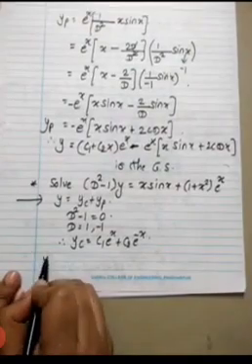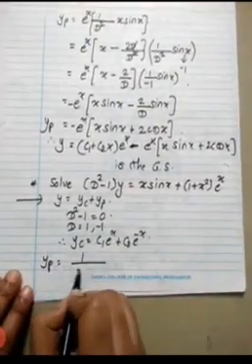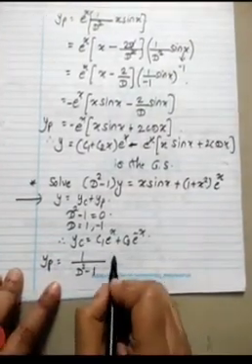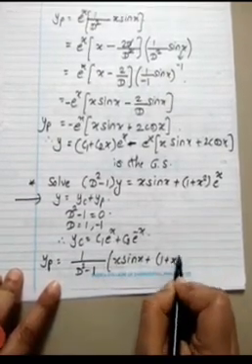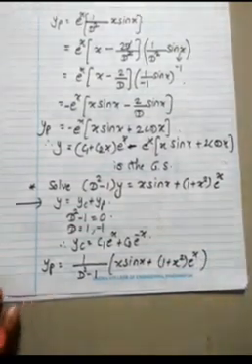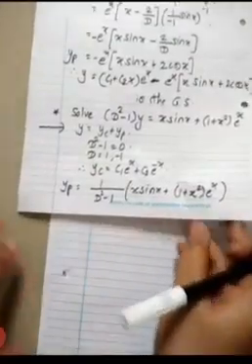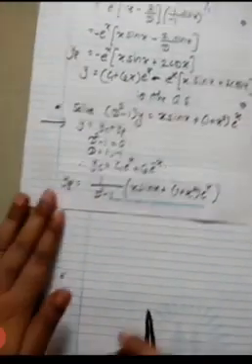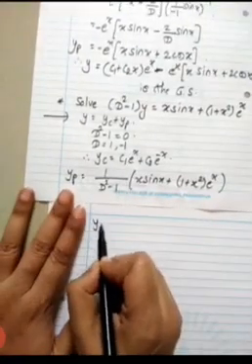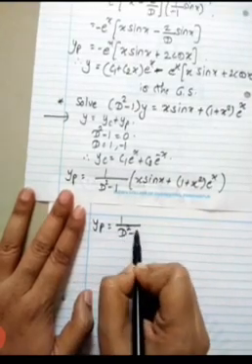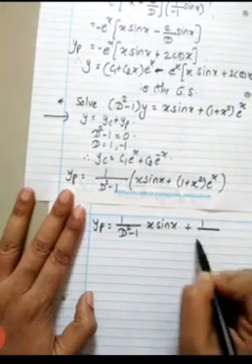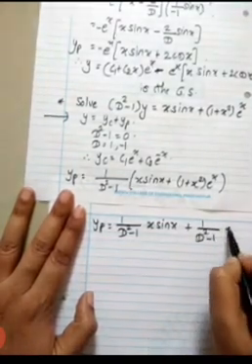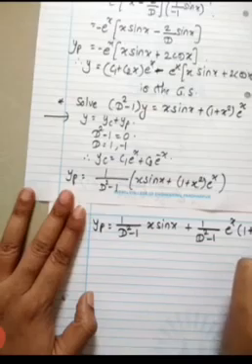Okay, we'll go to yp. Just write down yp: 1 upon d square minus 1 of x sin x plus (1 plus x square) e raised to x. Next step, we can separate as there is addition in between. So yp is 1 upon d square minus 1 of x sin x, plus 1 upon d square minus 1 of e raised to x into (1 plus x square).